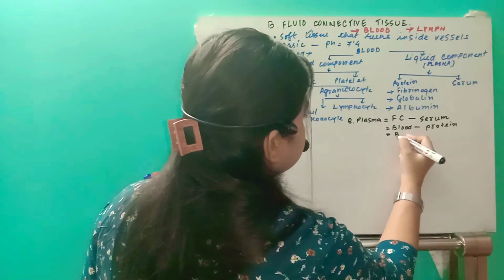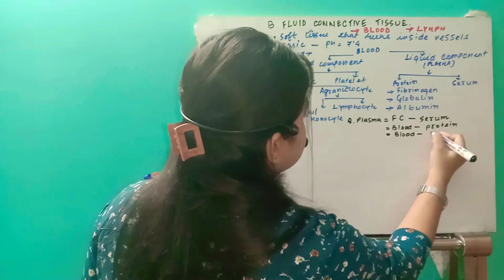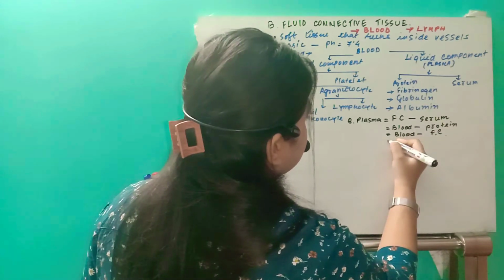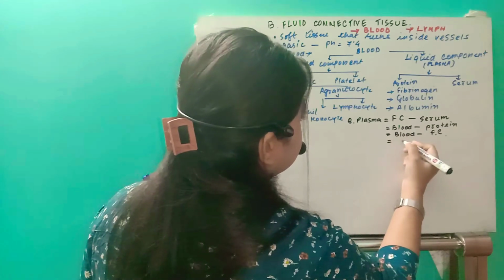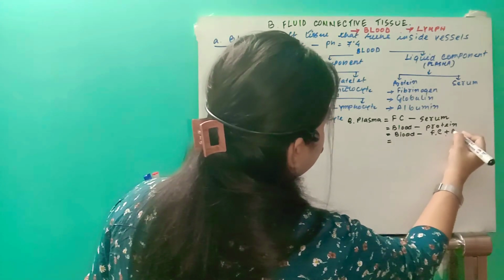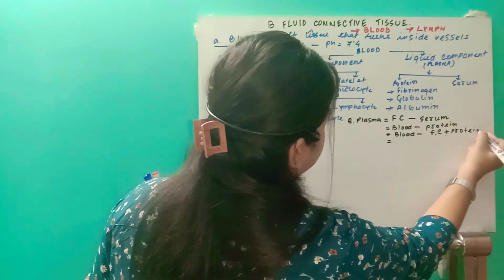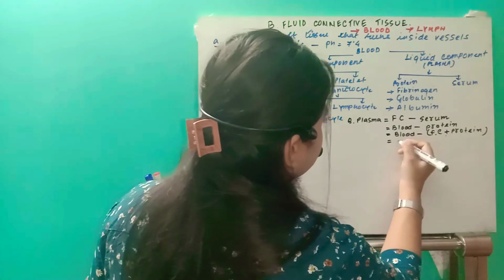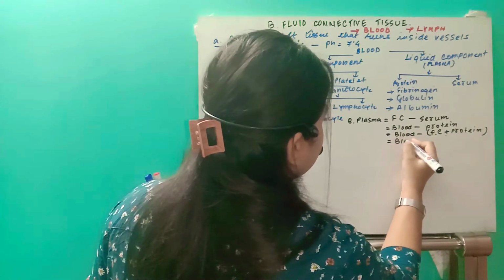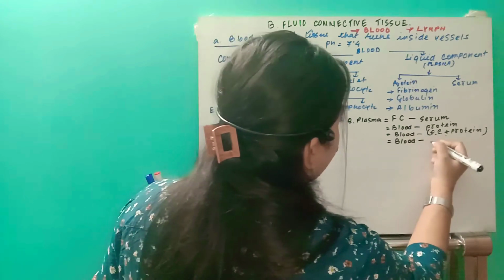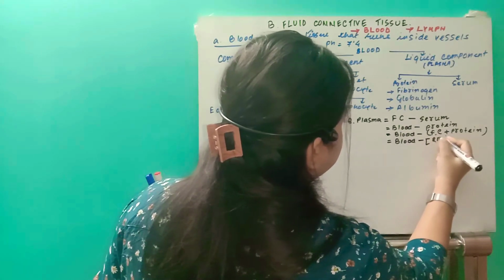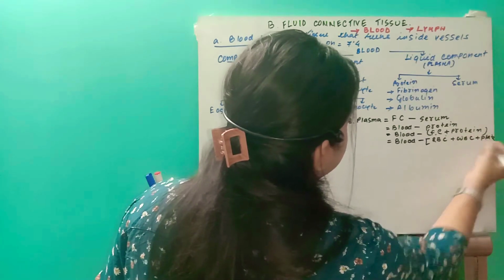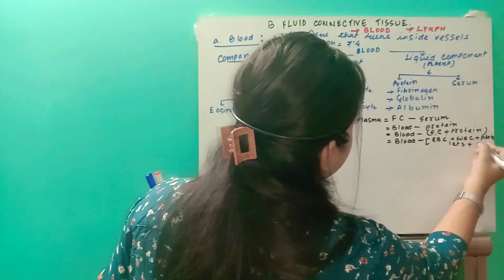Third option is blood minus formed component, and the fourth one, formed component plus protein. I will write it here. And the fourth one will be blood minus RBC, WBC, platelet plus protein.